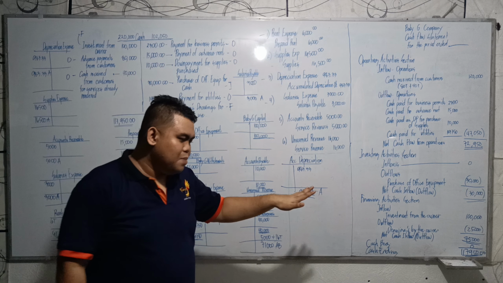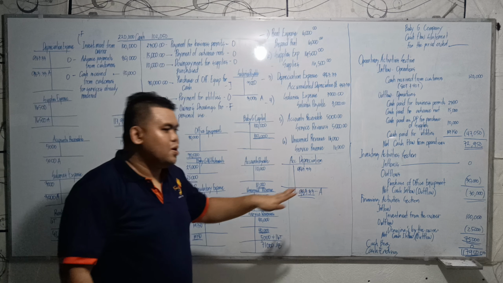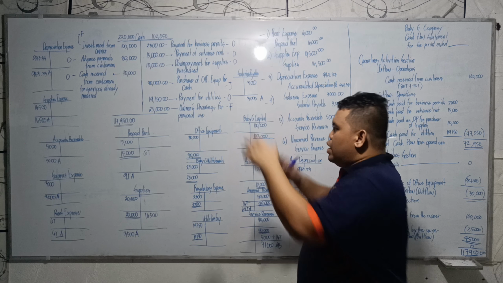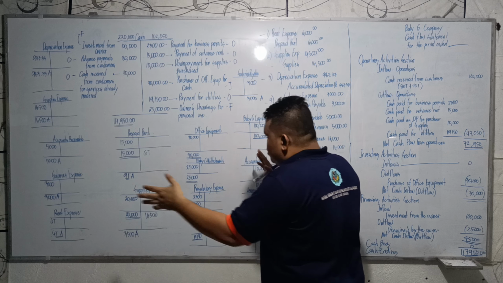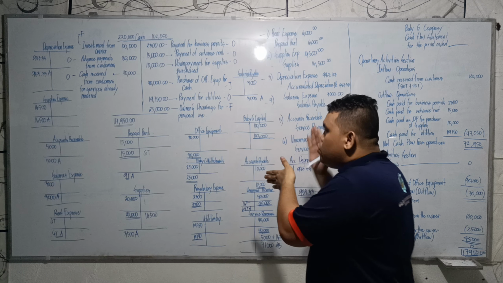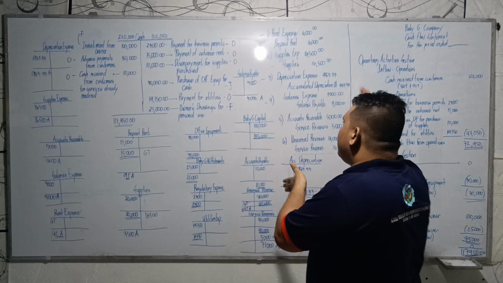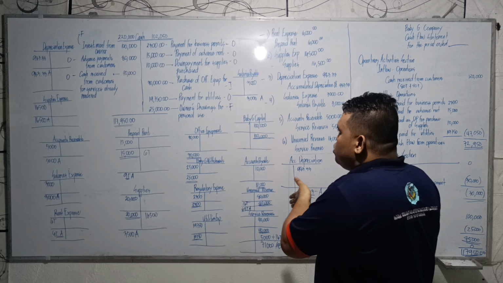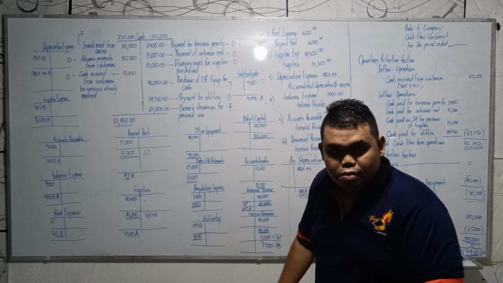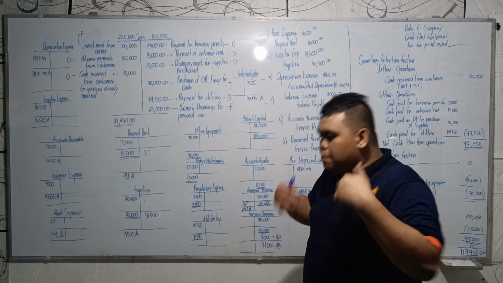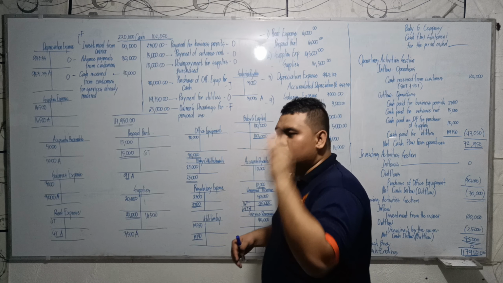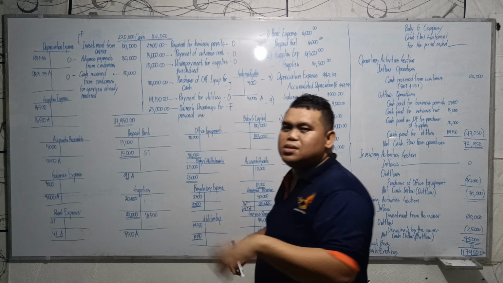That is why they are called temporary accounts, because they should be zeroed out at the end of the period or at the end of the year, in order to start with new expense balances and revenue balances on the next year. Do you follow? And the process of zeroing out the revenue and expenses is what we call closing.